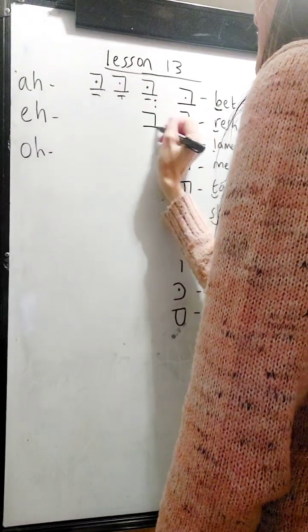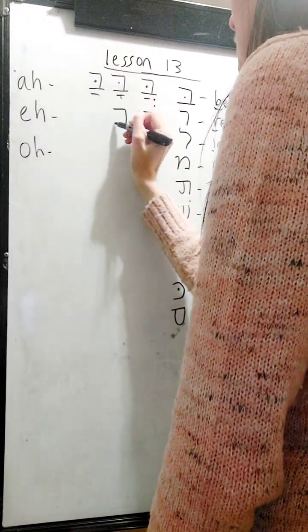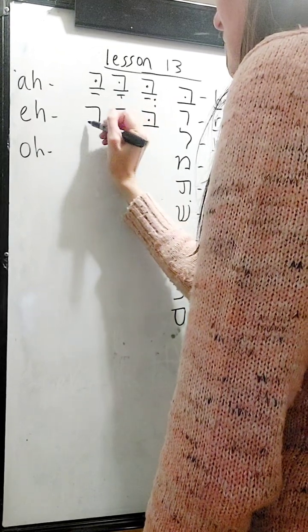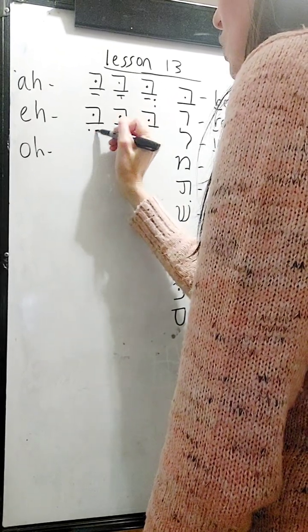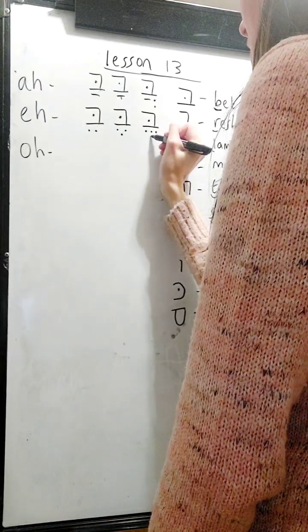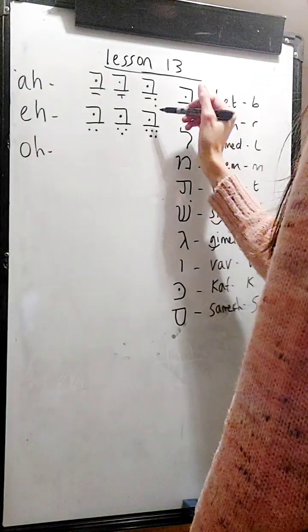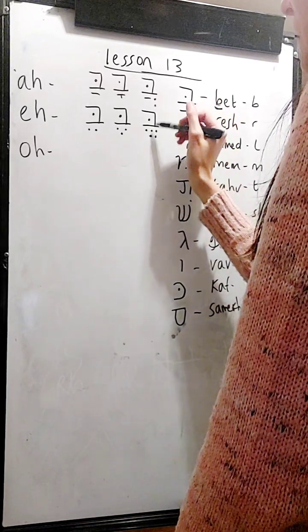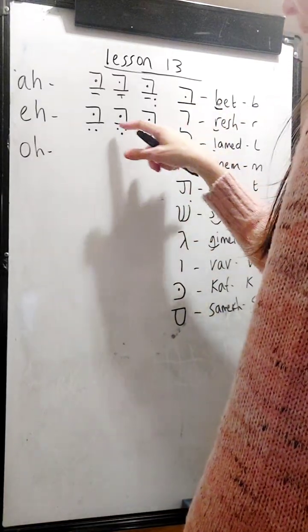Same again, if it was the E, there's three different ways to write the E vowel, which sounds as E. Two dots, three dots, five. Sound of the consonant, ba, sound of the vowel, E. So they would all read be, be, be.